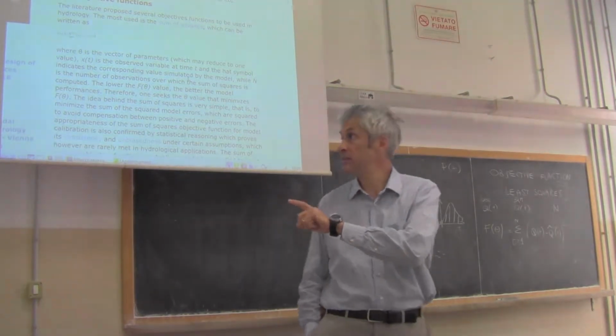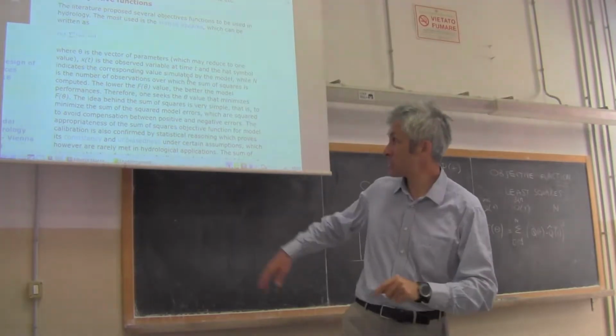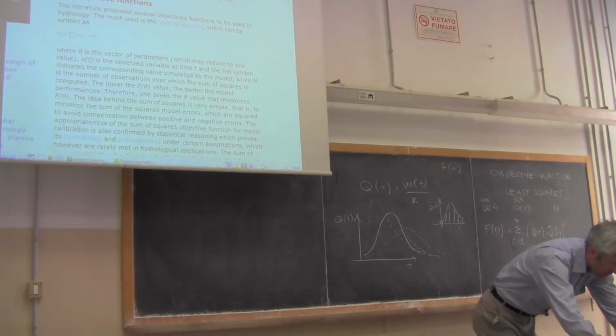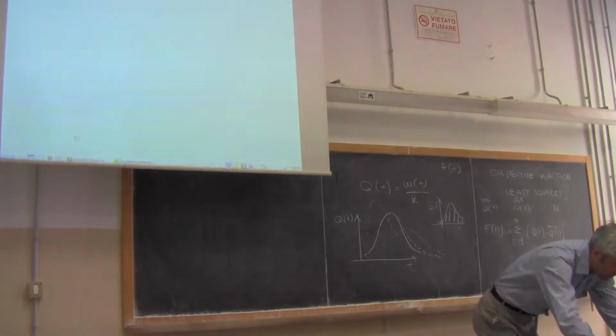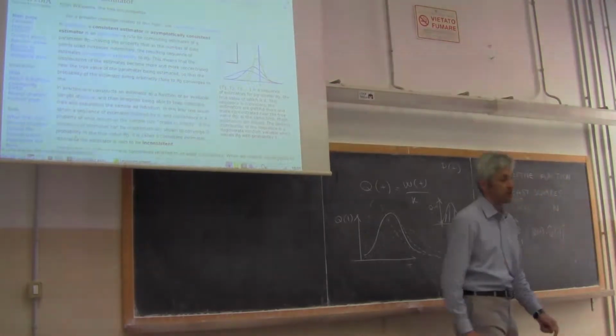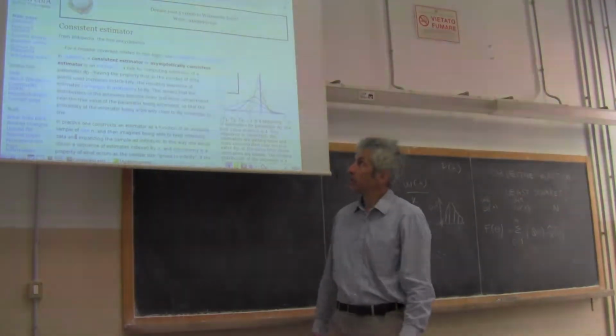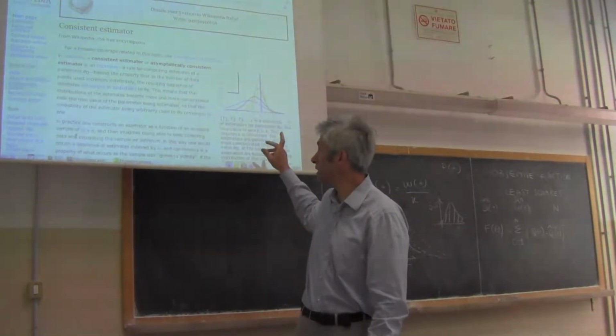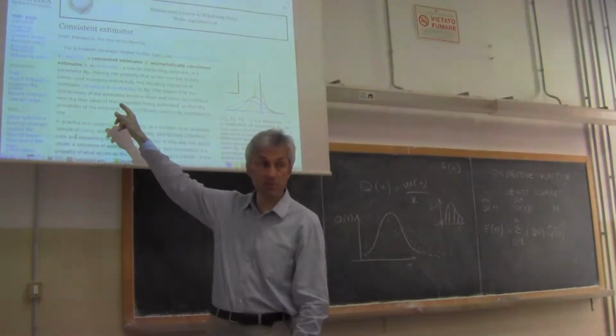This is explained in my web pages. There is a link here, consistency. Let's click on it. And you see what is a consistent estimator. The consistency is proved with convergence in probability.